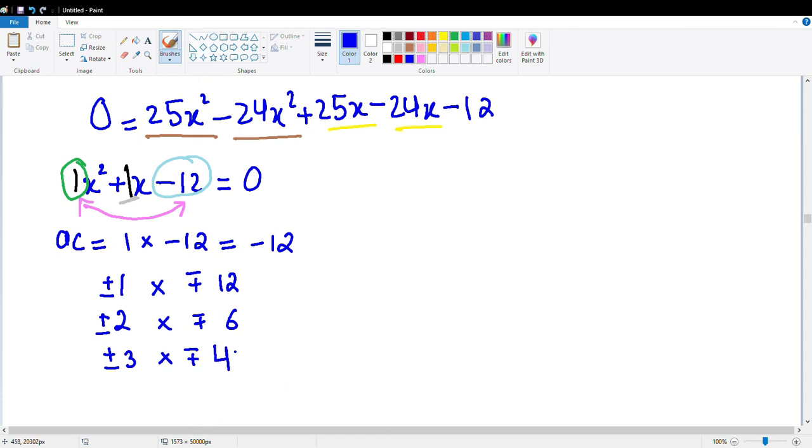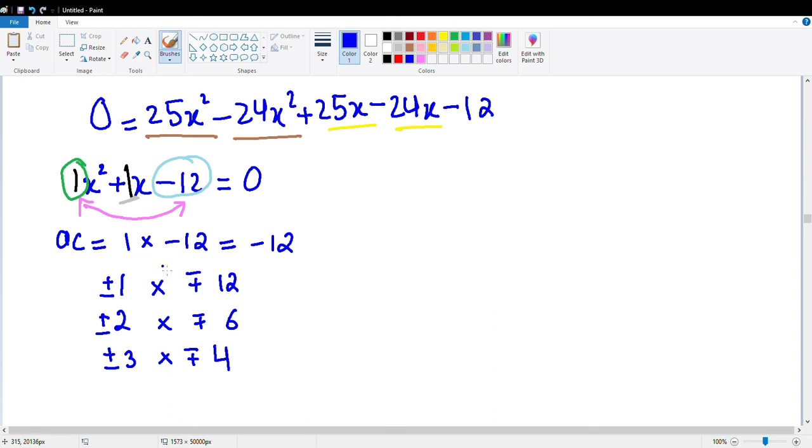So now what are we going to do? I'm just going to do this like this, just so that there's no confusion at all. You see there's plus 1 and minus 12. So when you add them up, you get minus 11. And minus 11 is not what we're looking for. We're looking for plus 1.